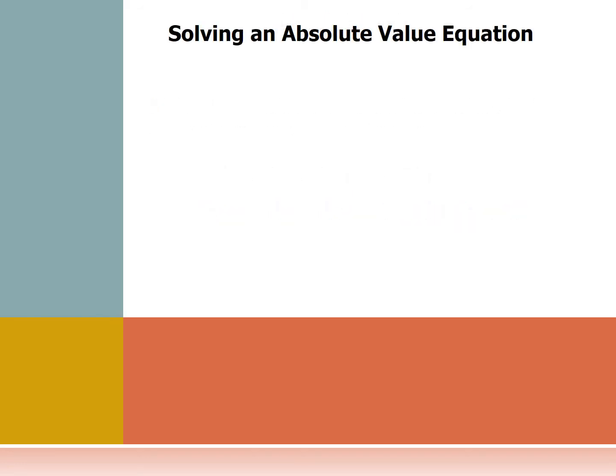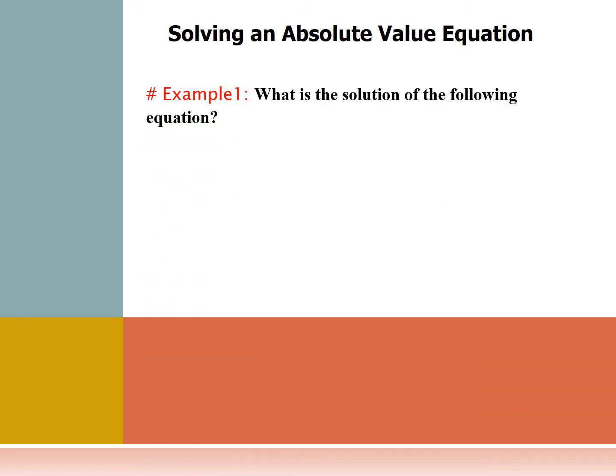Now solving an absolute value equation. Example number 1. What is the solution of the following equation? Here we have the absolute value of 2x minus 5 is equal to 1.